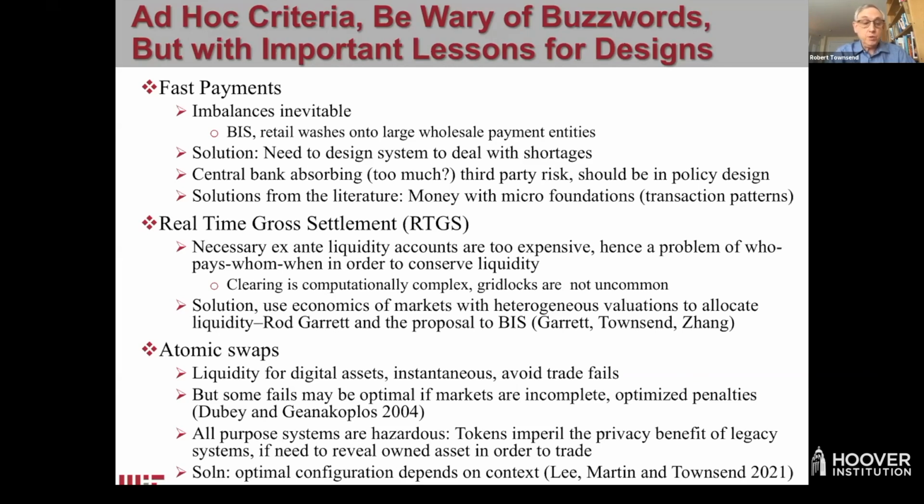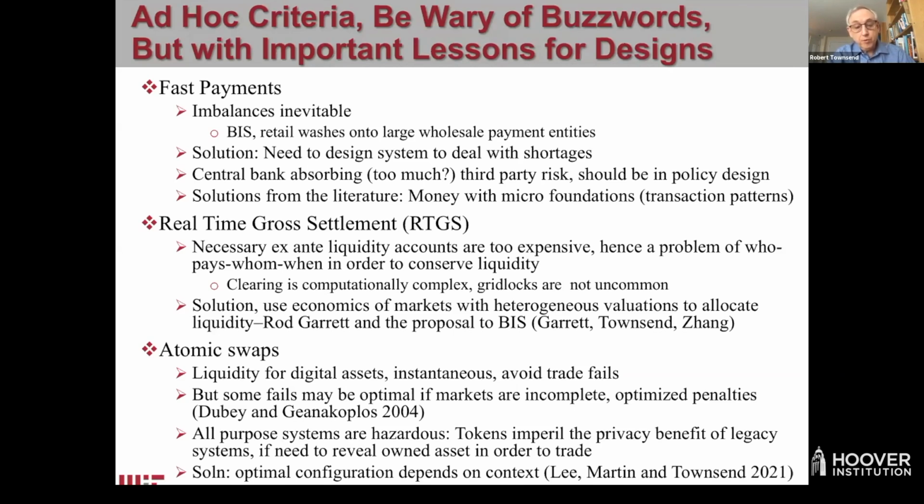It should be considered in the policy designs. Is there some guidance? Yes. If we go to pre-existing literature, money with micro foundations, once one understands the transactions patterns, then it becomes clear what the optimal central bank policy ought to be. Real-time gross settlement, surely we have it. No, hardly ever, we don't.